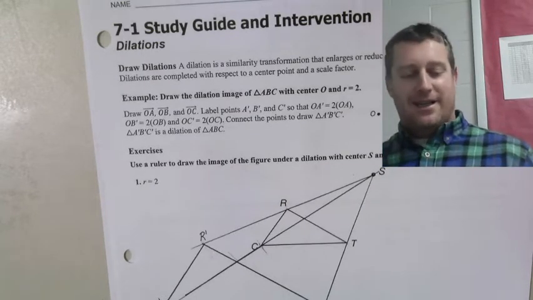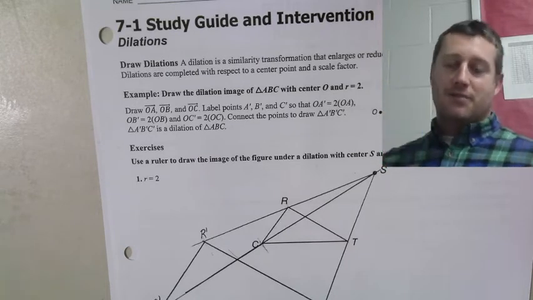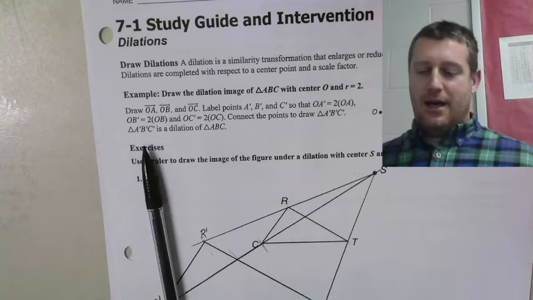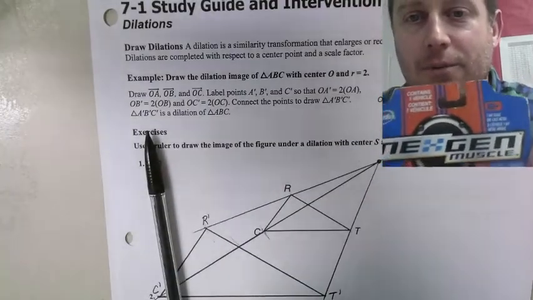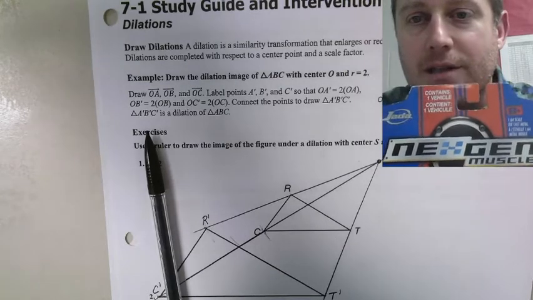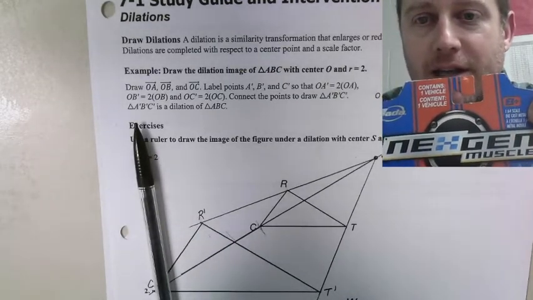So, anyways, the reason why I've held on to these, I went out and purchased these when I first started teaching, is because these are dilations from the actual shape. If you look right over here, it talks about a scale factor.